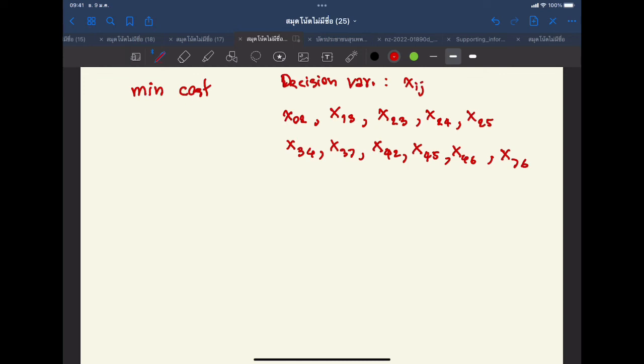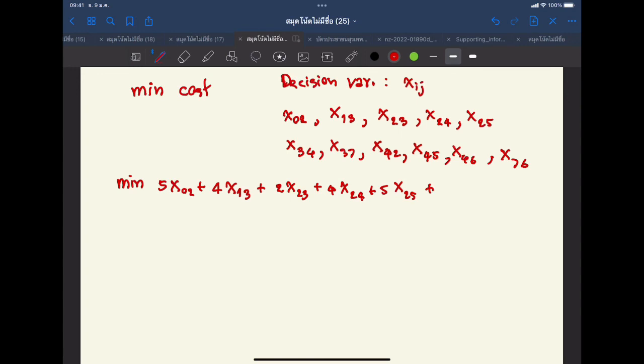Okay, so we have to write down the cost then. We minimize 5 of x02, plus 4 of x13 plus 2 of x23 plus 4 of x24 plus 5 of x25.